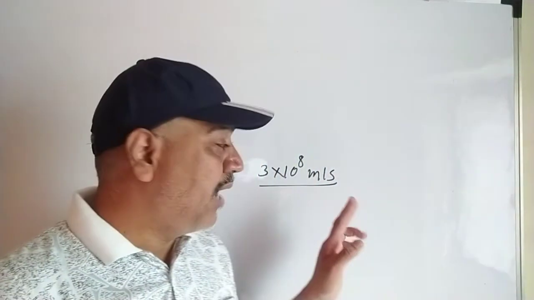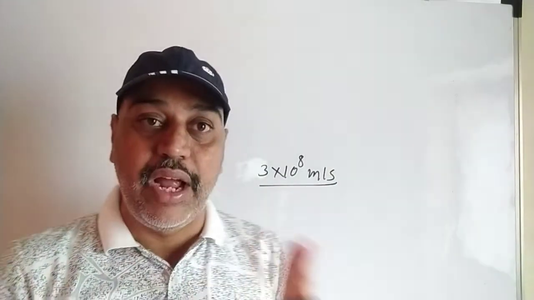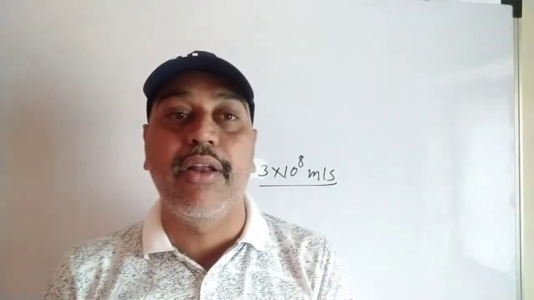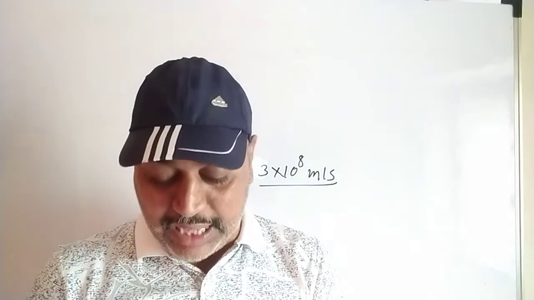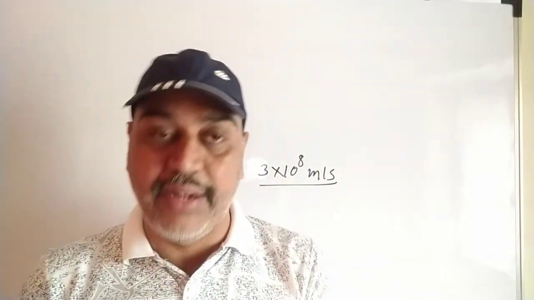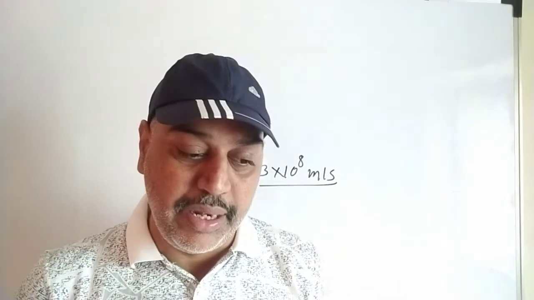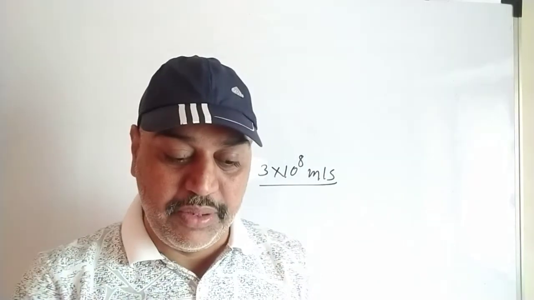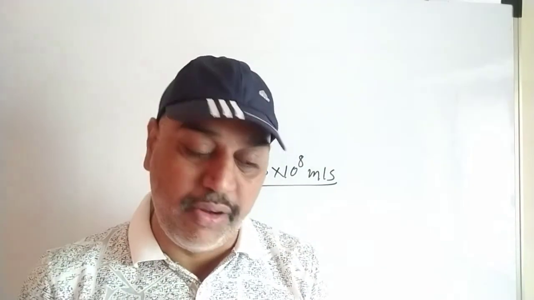Relativistic means the theory of relativity given by Einstein. If we apply that theory here, in case of light, it is applicable because light has a very high velocity. So the classical and relativistic Doppler effects are different in light, but they are the same in sound, and in sound there is only the classical Doppler effect.